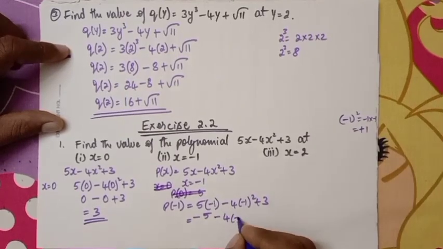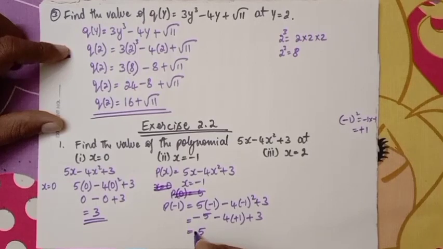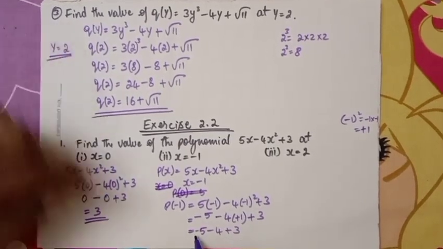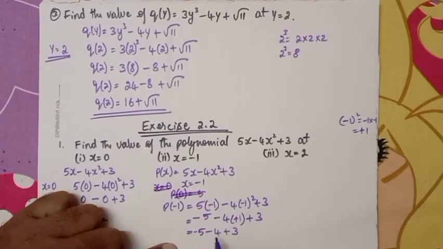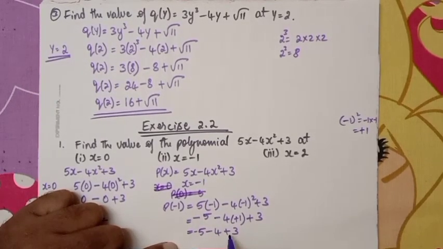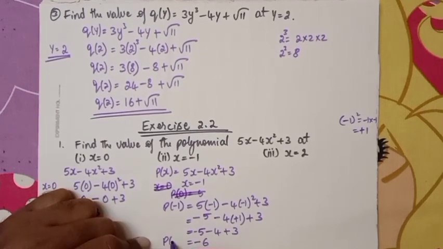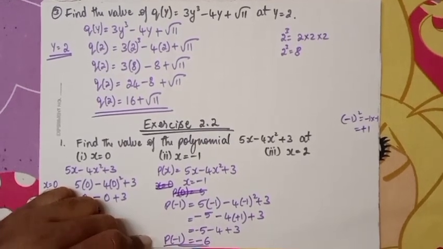So here plus 1 plus 3. So here it will be equal to minus 5 minus 4 plus 3. So minus 5 minus 4 is minus 9, minus 9 plus 3 is minus 6. So p of minus 1 is minus 6.